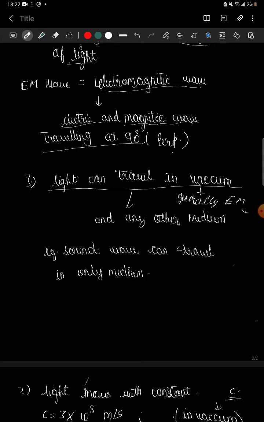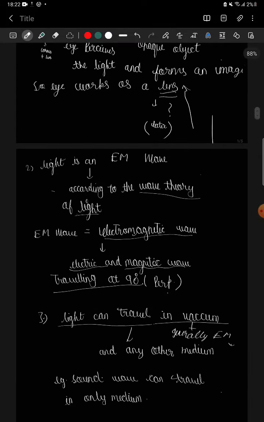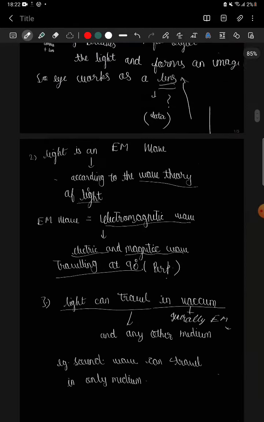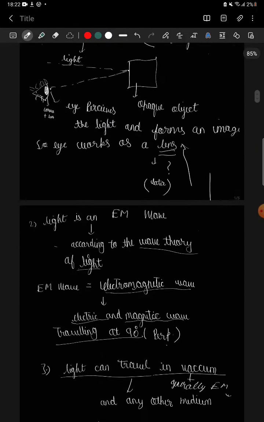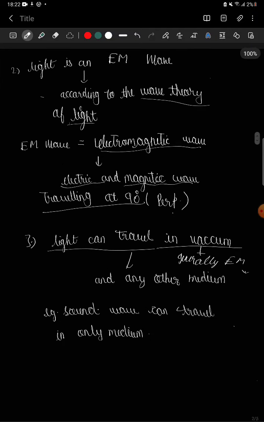They have basically similar properties, but we study light because we can see light, and that is the most useful thing, at least for humans. Maybe there can be an alien who sees X-rays, so for them some things will be similar, like speed of light, rectilinear propagation. We'll see about that.